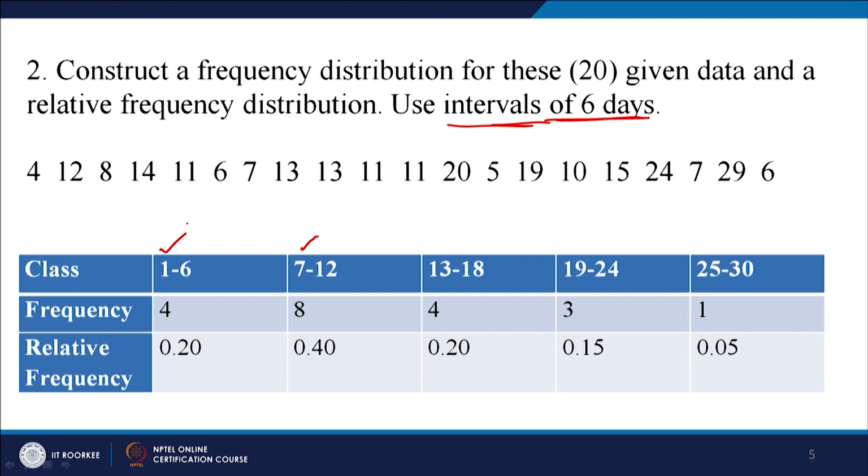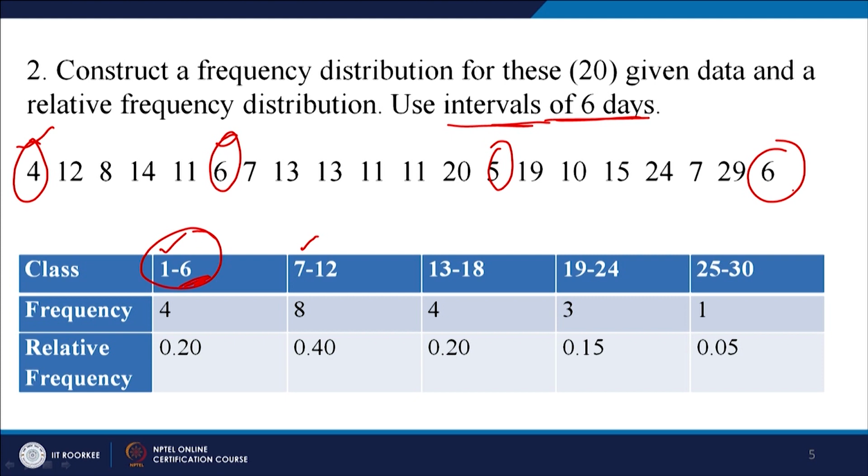Relative frequencies between 1 and 6, how many observations? I think only 1. There is no other observation, yes, this is also there. So, 2 observations between 1 and 6, this is the first, second, third and fourth.